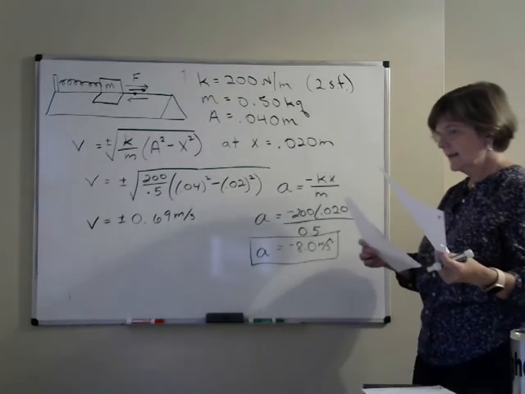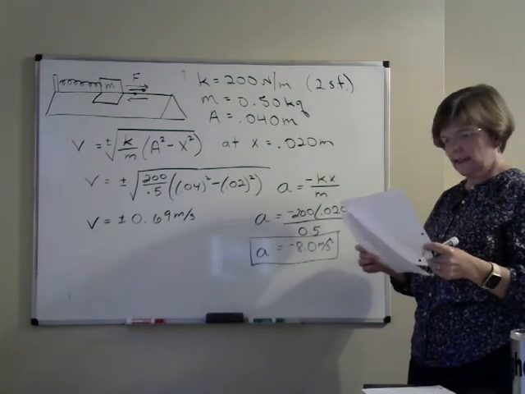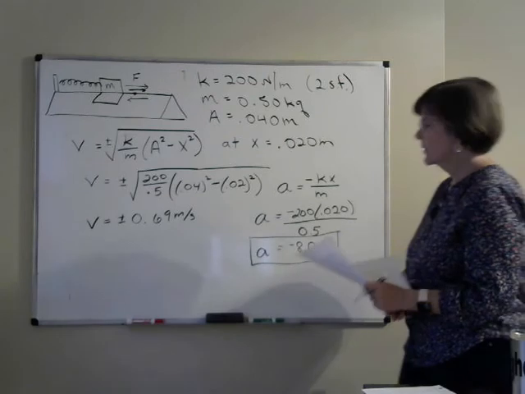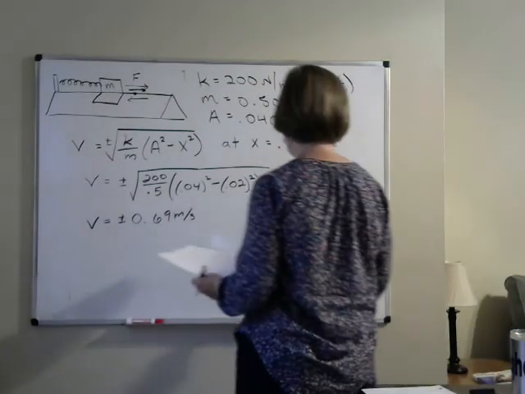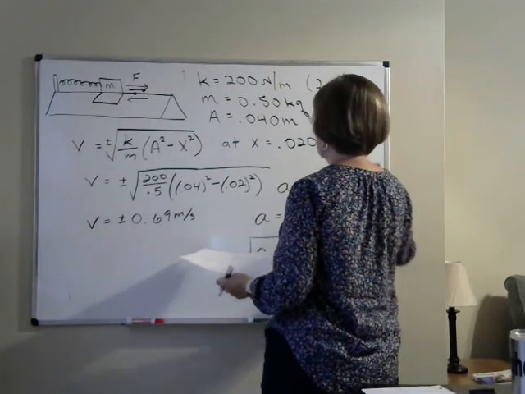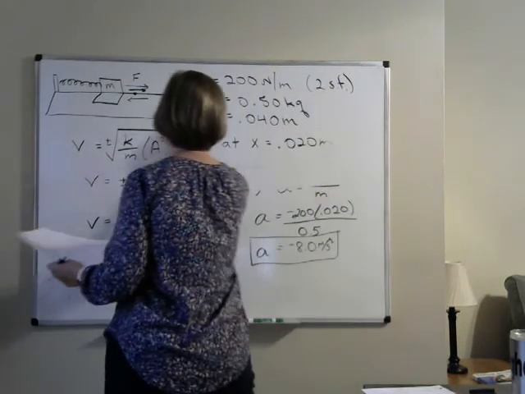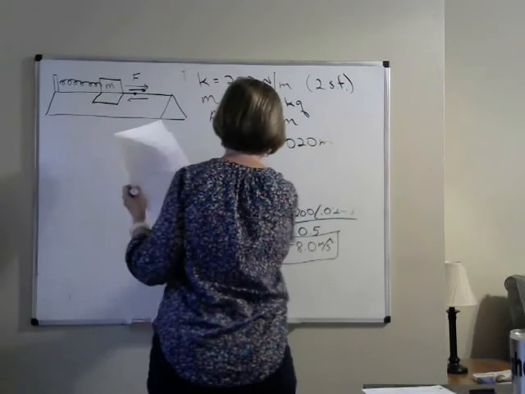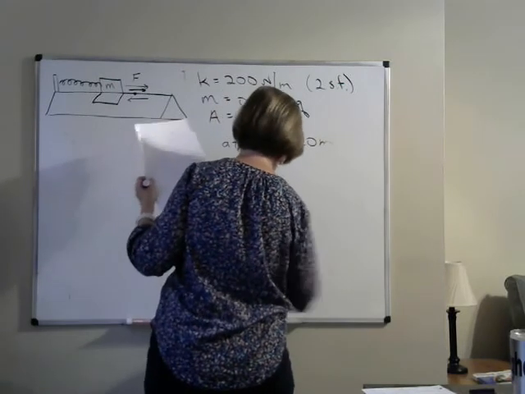The last thing that they asked us to find was the kinetic energy and the potential energy at the halfway point. Let's just erase all of this. We haven't actually calculated the total energy in the system.